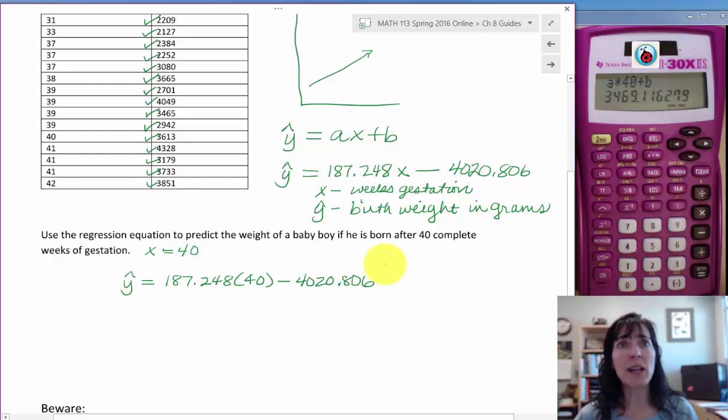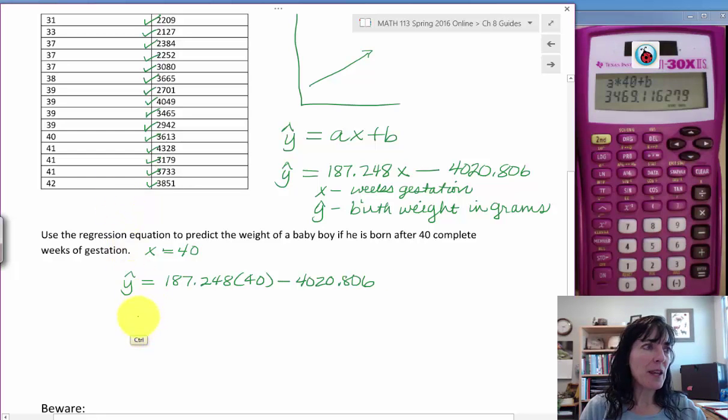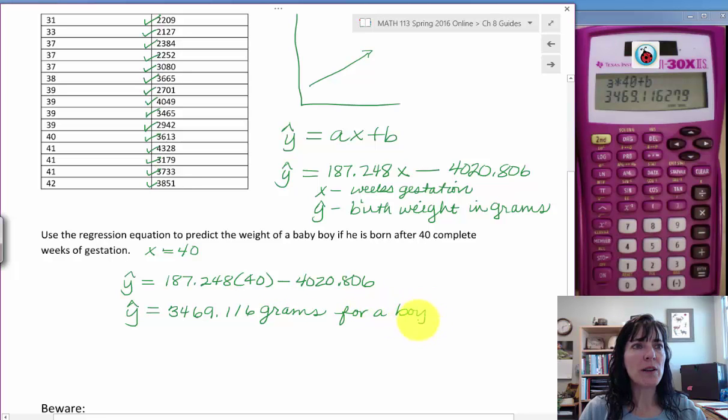So you can do that, and if I push enter, then what I'm going to get is y hat equals 3469.116, and this was grams for a boy born at 40 weeks.